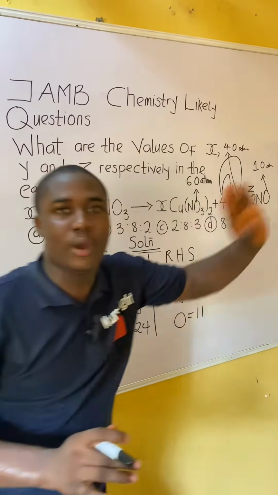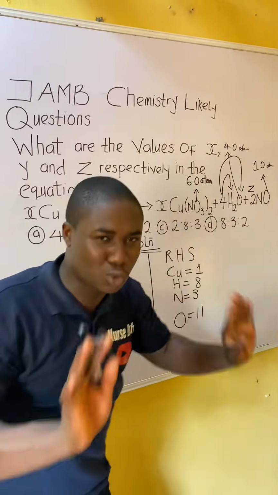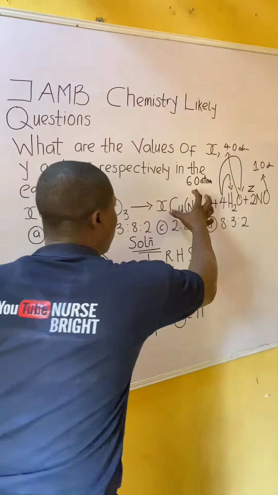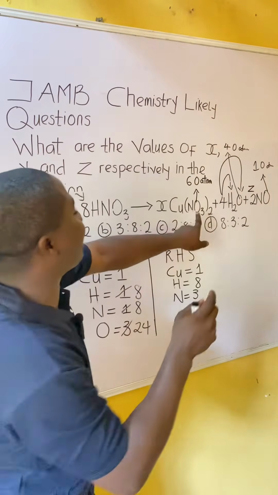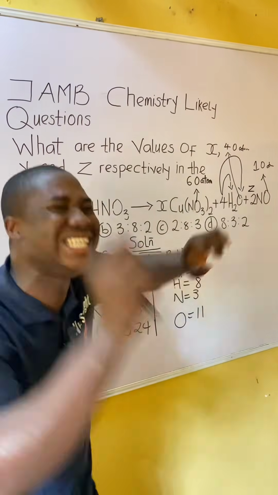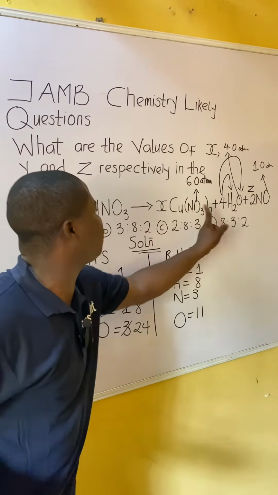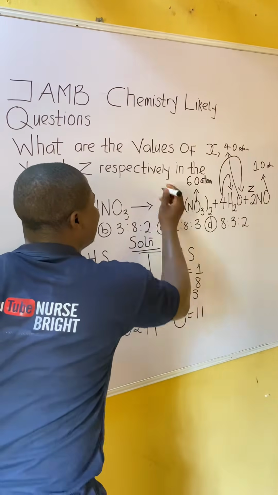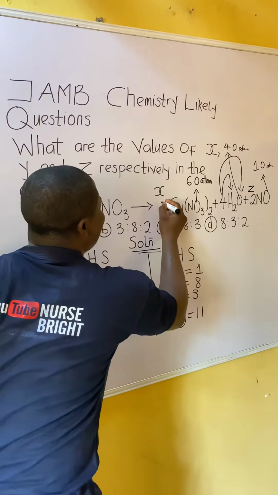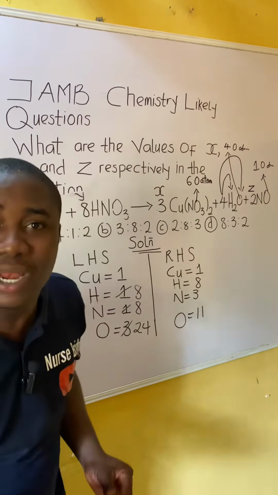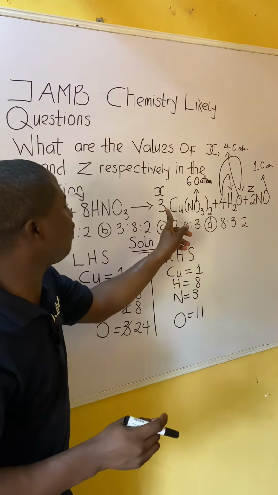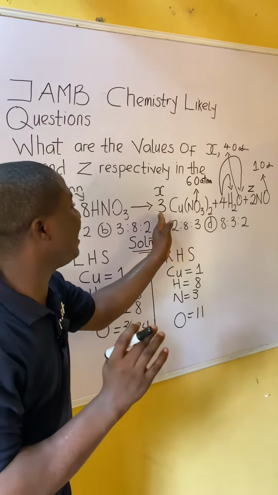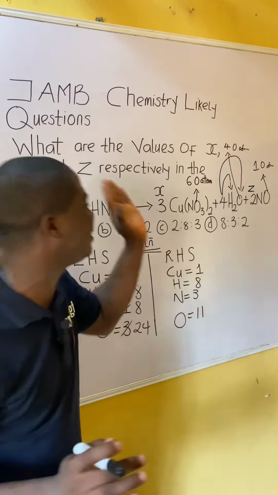Let's leave this 2 alone. We know nitrogen there is 2. Let's focus on this. Let's try to make sure that nitrogen in this place is 6. We already have 2. Let's be wise. Let's take X up. What should be here? Here should be 3. Because if here is 3, 3 is going to affect all the elements.